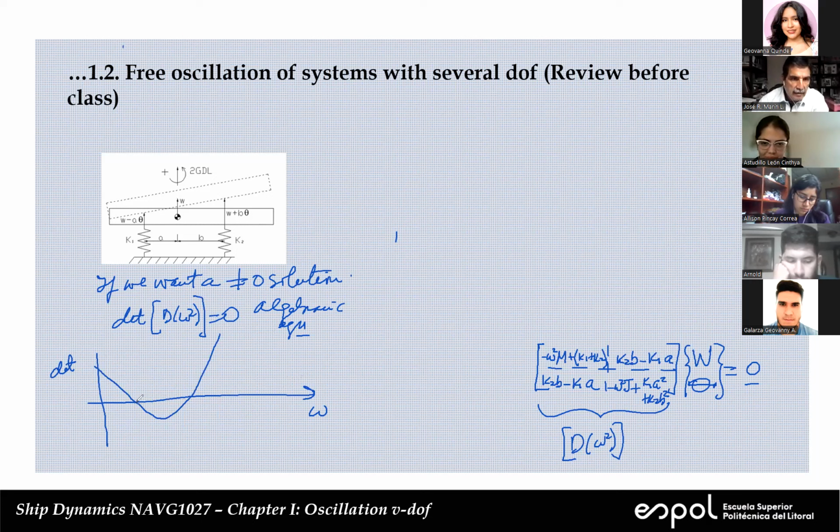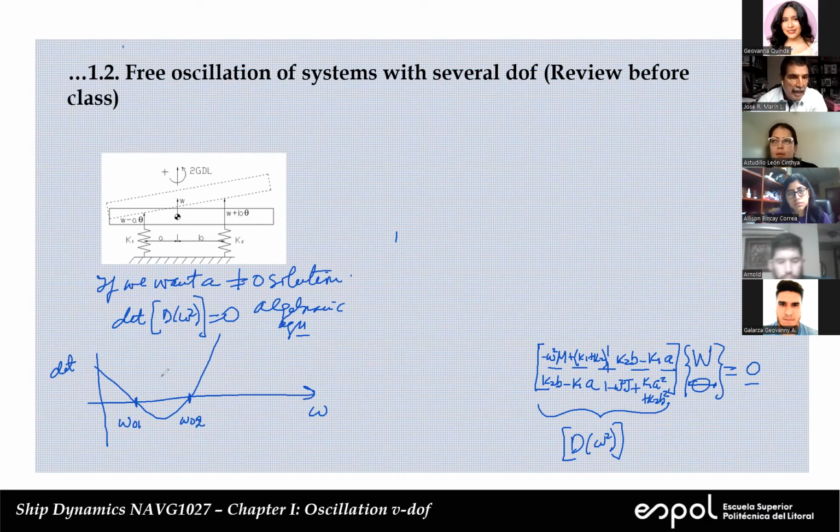So here and here we have the two roots of this equation. That means that if you replace this into here, this matrix has no inverse. Since this has no inverse, you can allow these values to be different than zero.